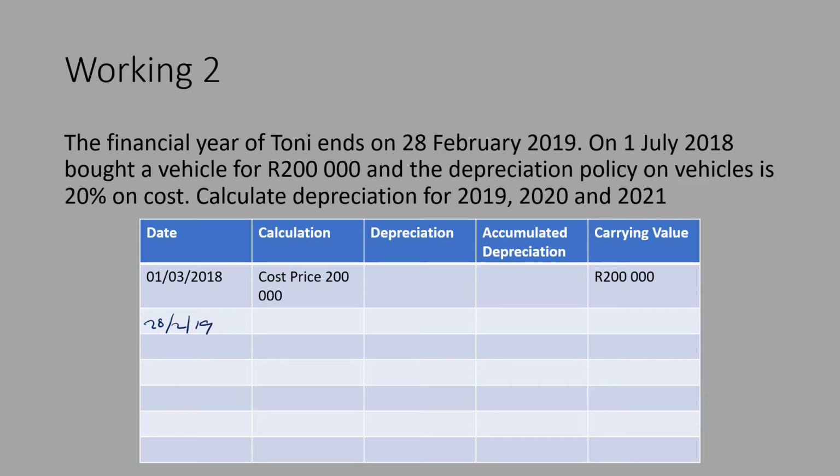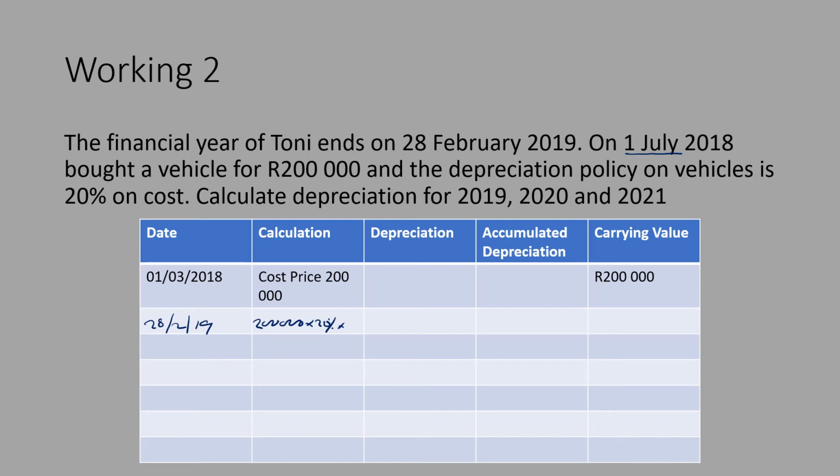Depreciation will be calculated as 200,000 times 20%, times, remember I bought the vehicle on 1 July. That means it wasn't used for the full financial year the first time. So we calculate from 1 July to 28 February, which gives 8 months: July, August, September, October, November, December, January, February.